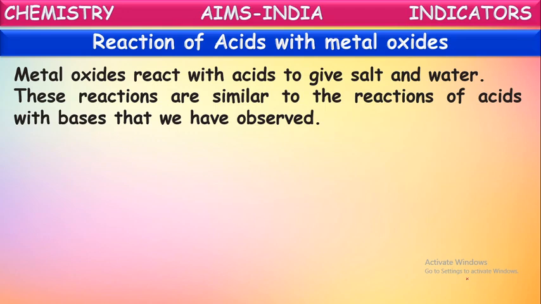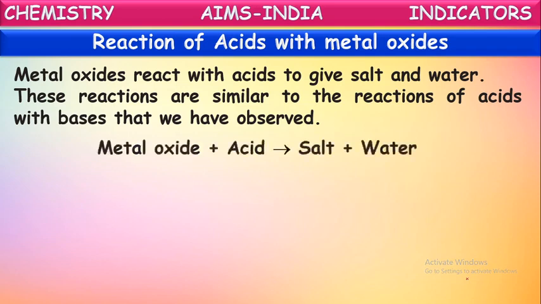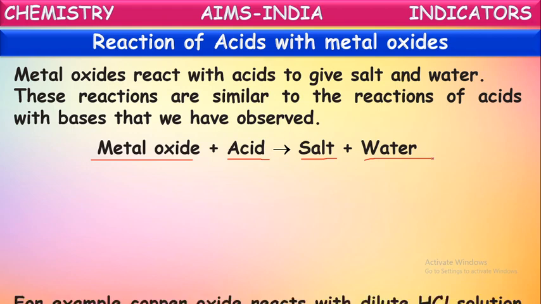In a similar way, metal oxides also react with acids to form salt and water. So we can generalize the equation like this: metal oxides react with acids to form salts and water. This is similar to the reaction of bases with acids.